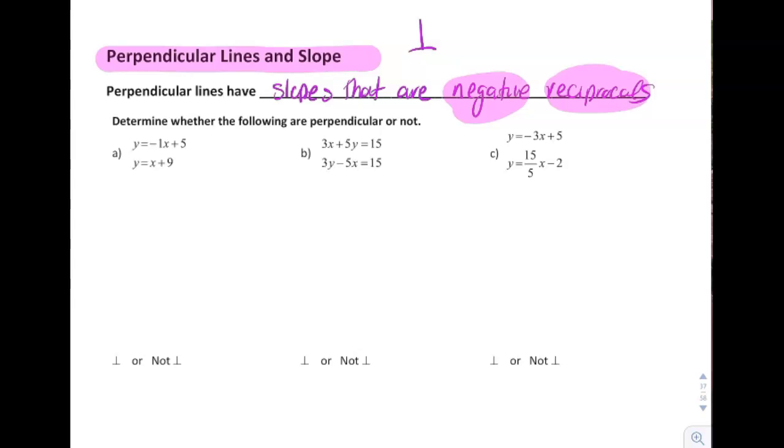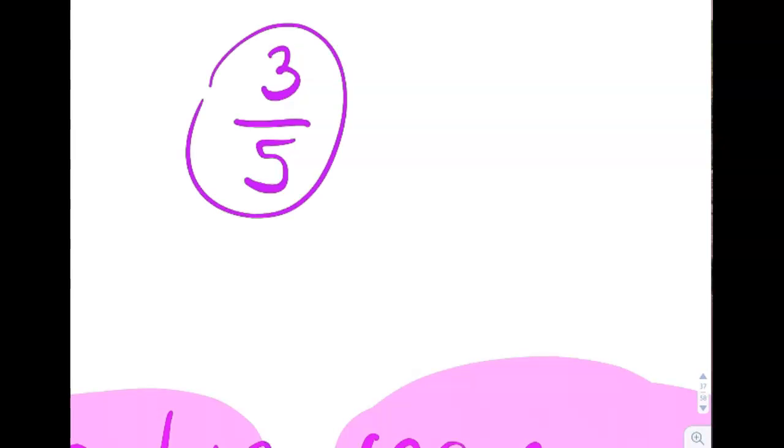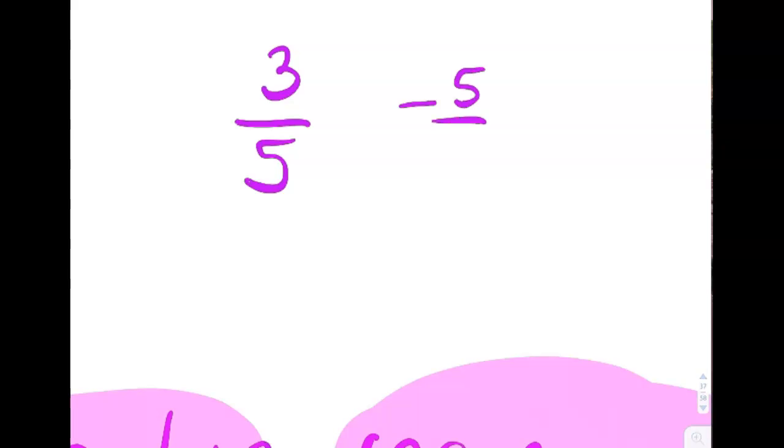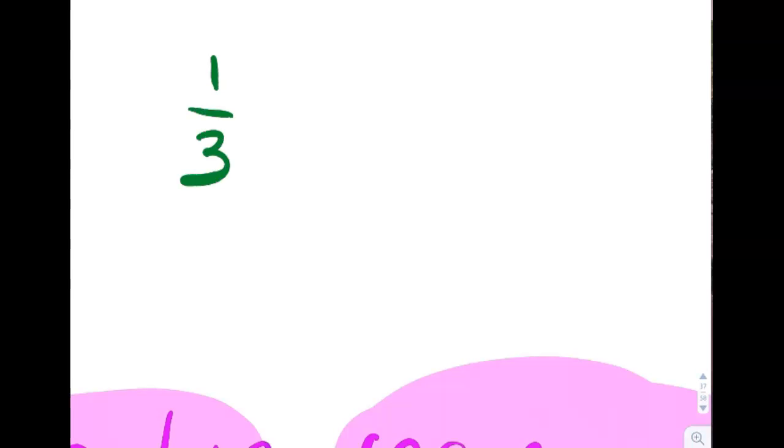So for example, if I had the fraction 3/5, the negative reciprocal of that, well, let's see, this one's positive, so the negative reciprocal would be the opposite sign and upside down, both. Opposite and upside down. So again, if I had 1/3, you would turn that upside down, which would be 3, or 3/1, but you could just say 3, right?